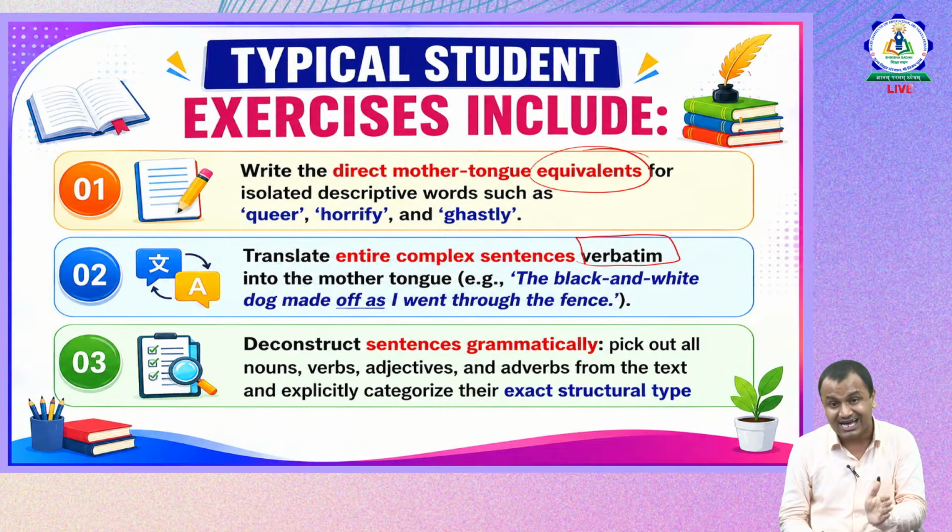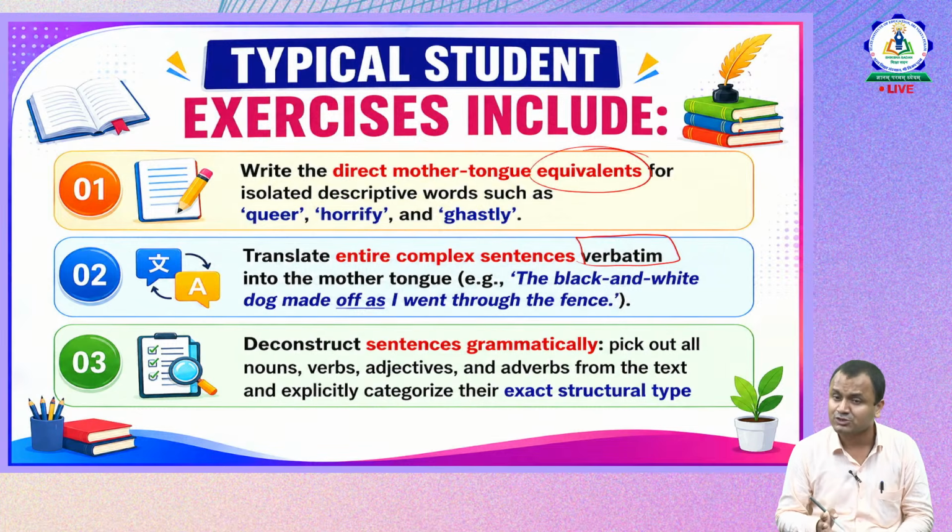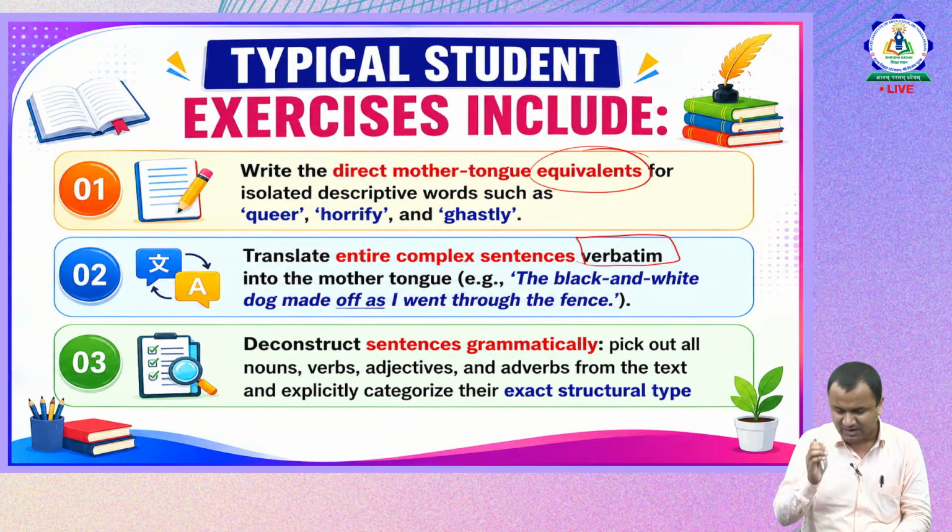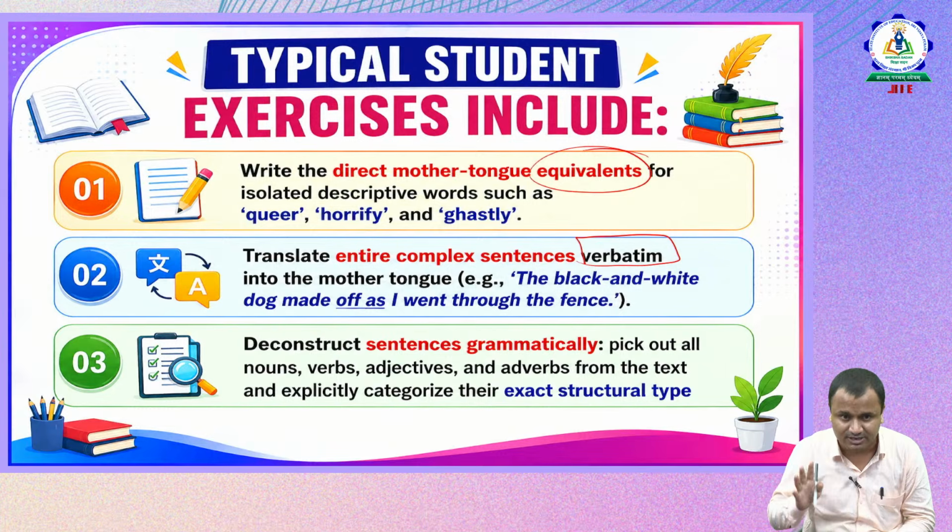Why? Because we translate each and every word. We do not neglect even a single word during the translation process. So what will the student do? Student will try to translate it verbatim, word by word, each and every word. Even if it is a preposition or whatever, that will be translated into the mother tongue.